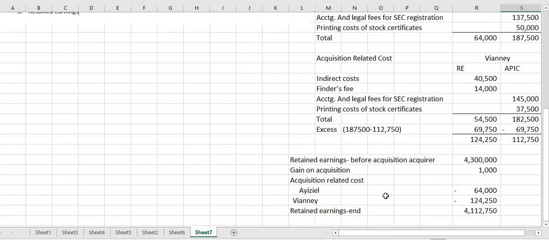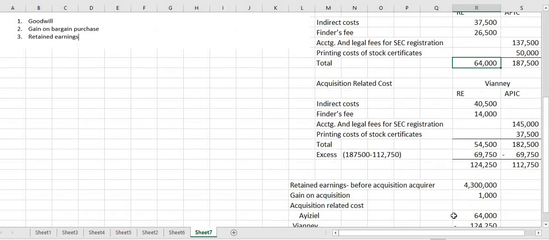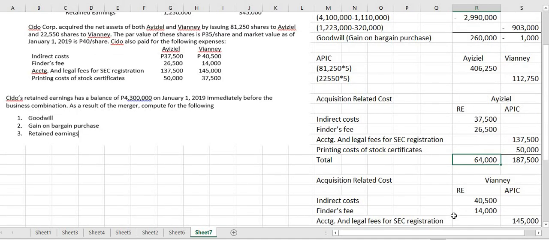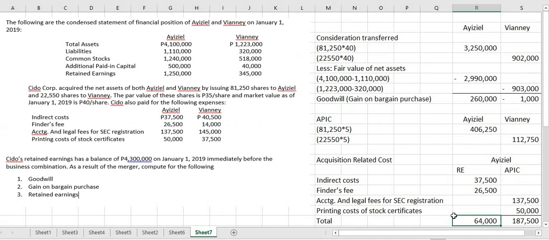Then yung acquisition related cost na charge natin kay retained earnings, we have for iShell 64,000, and for Vianney we have 124,250. So the retained earnings end natin, or retained earnings after the acquisition, that's 4,112,750.